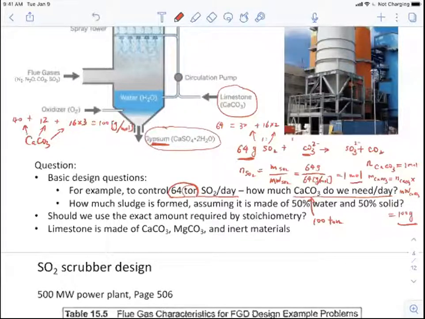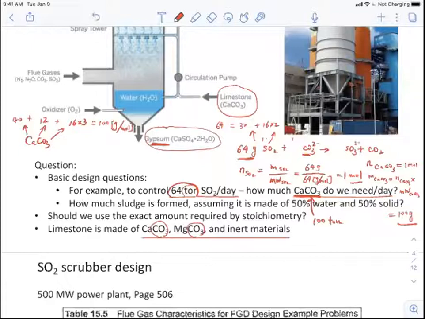But the actual scenario is that limestone is not completely made of calcium carbonate. As I pointed out in this bullet point here, limestone is made of calcium carbonate, magnesium carbonate, and some inert materials. But the approach is still similar because we're dealing with the carbonate ions instead of the others, so we don't need to worry too much about that.